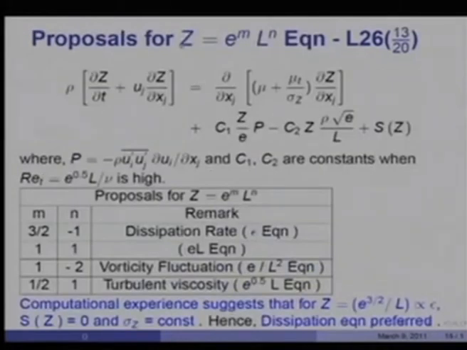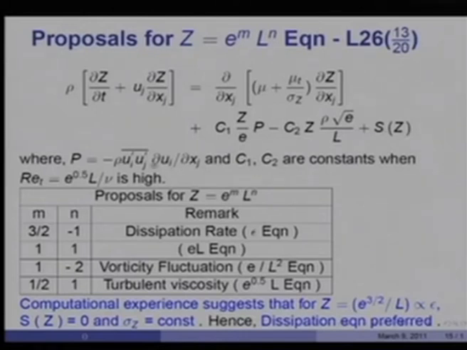The modeled equation for z is postulated like this, that there would be convection of z, there would be laminar and turbulent diffusion of z, there would be appropriately scaled production of z, and there would be dissipation of z plus an additional source term in z.